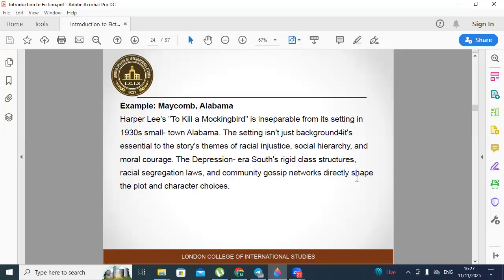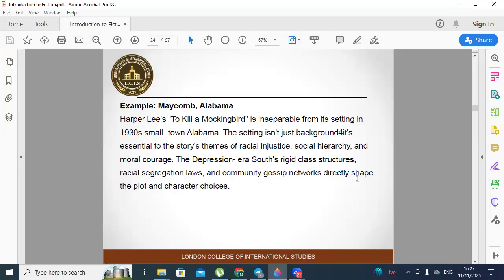Racial segregation laws make Tom Robinson's conviction almost inevitable regardless of evidence. The legal system reflects social prejudice rather than objective justice. This isn't just historical detail, it's the story's central conflict.